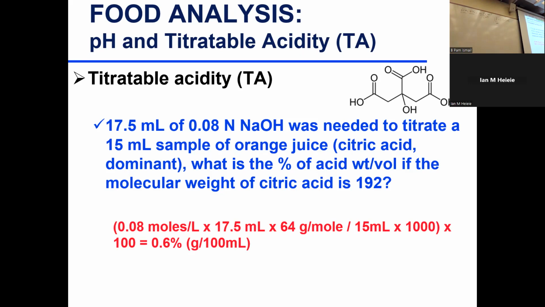Because we're doing percent, it's okay that we have volume, not grams in this case. It's milliliters per 100 milliliters of sample. Then we divide by the volume of your sample and divide by 1,000 to correct for milliliters per liter.